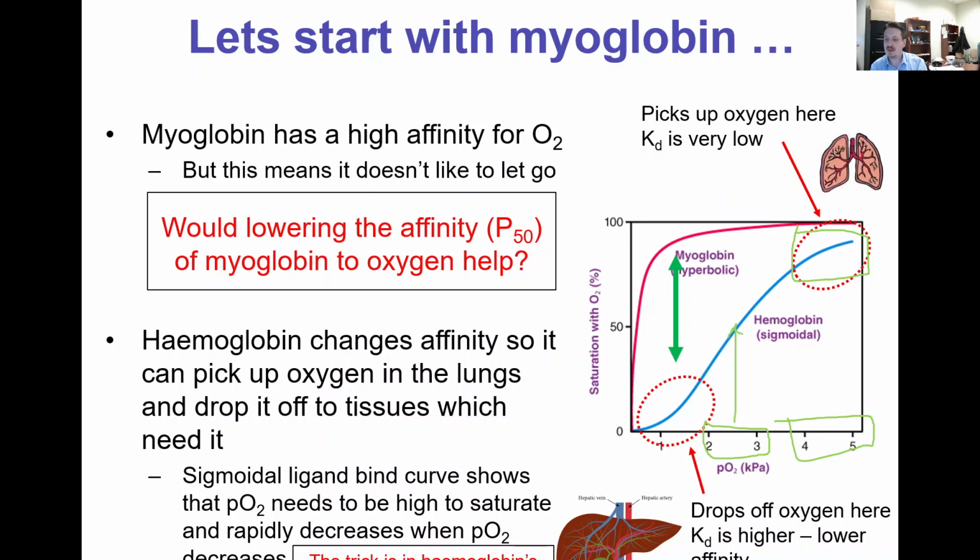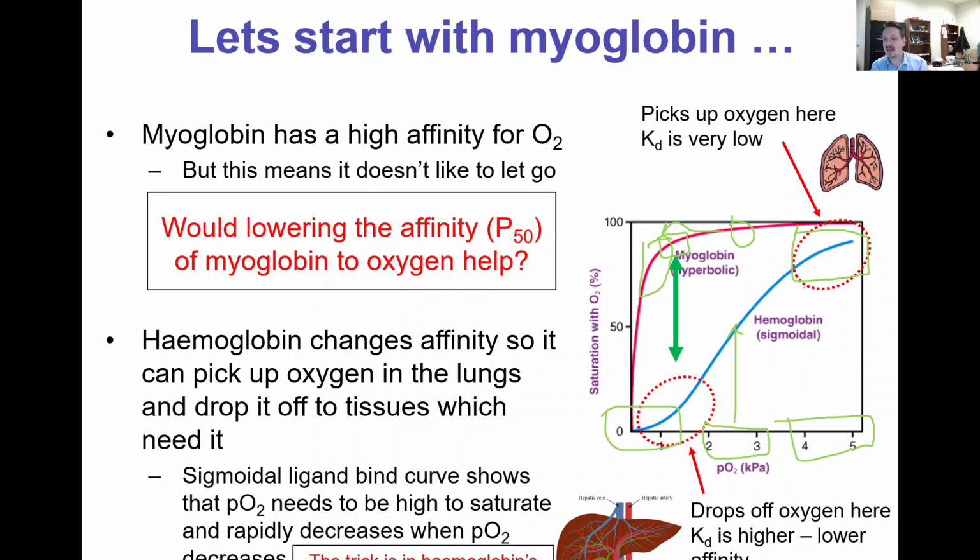It's going to be 50% empty at the site of the tissues, whereas myoglobin is only 5% empty, 95% full, and so it's only releasing 5% of its oxygen under regular conditions. It doesn't become more empty until you start getting into hypoxia conditions around about here.